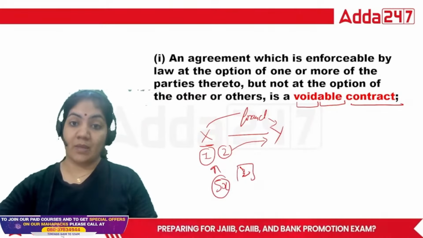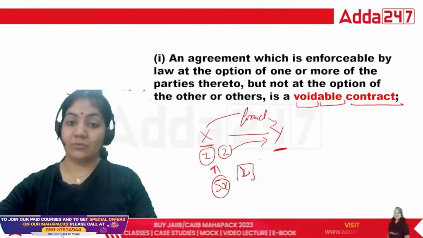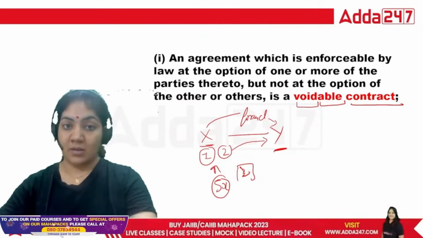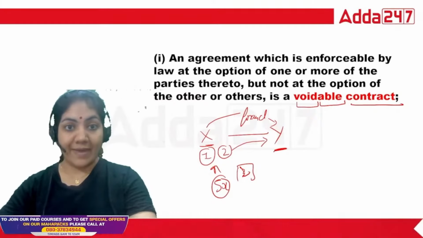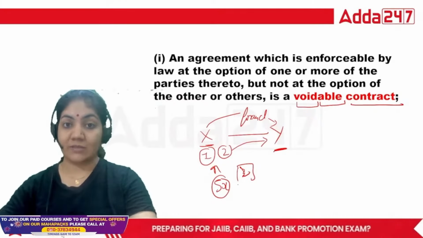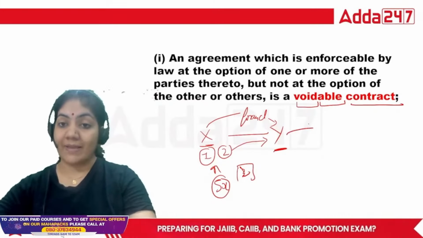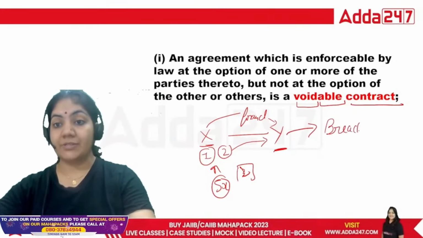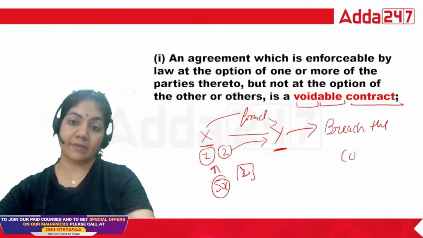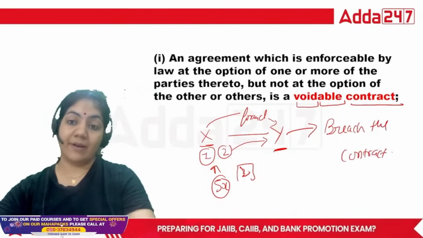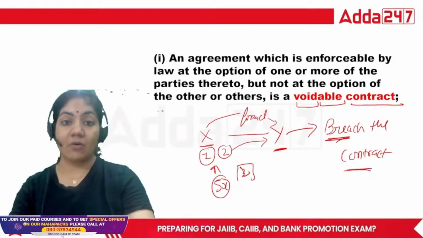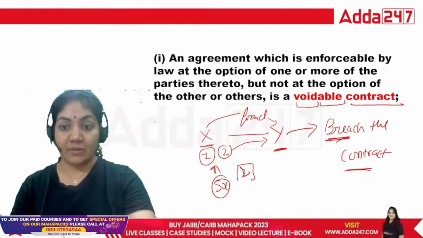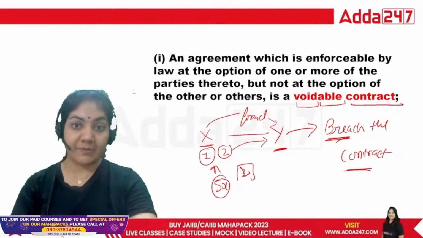But now when Y gets to know that this is not the bungalow of X, what will happen? Y has a right to breach the contract because the fraud is done by X.